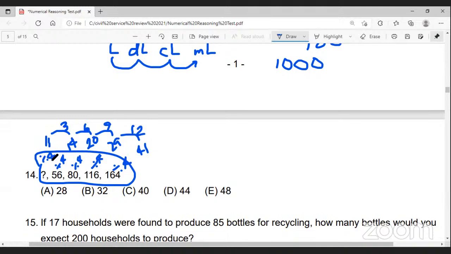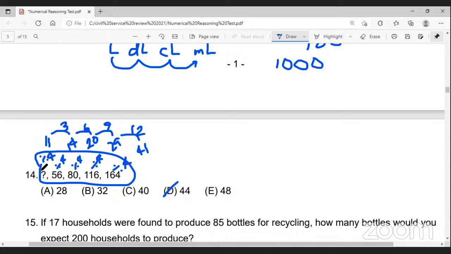What is that number that when divided by 4, the answer is 11? 44, ma'am. So 44 is the unknown term here.